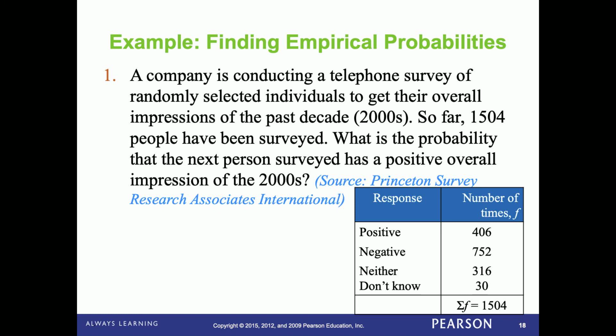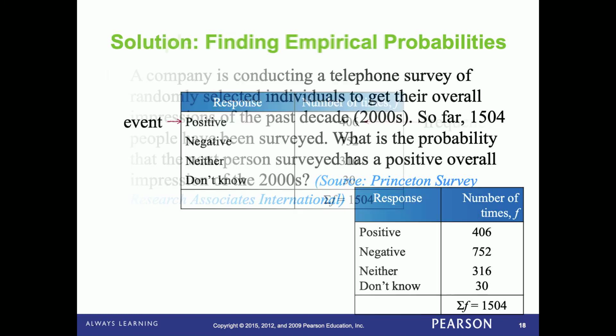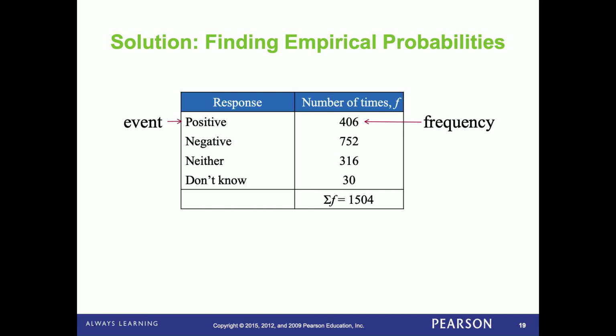The total sample size is 1,504. So the probability is 406 divided by 1,504. If we were to sample one more person, the empirical probability of getting a positive would be 0.27 or 27% positive.